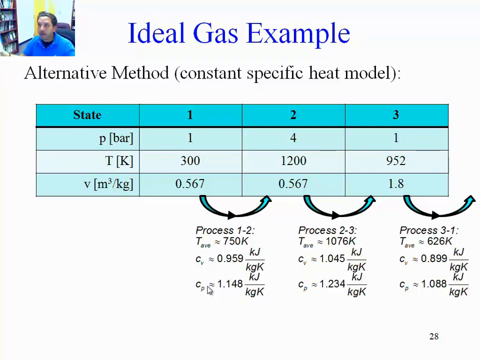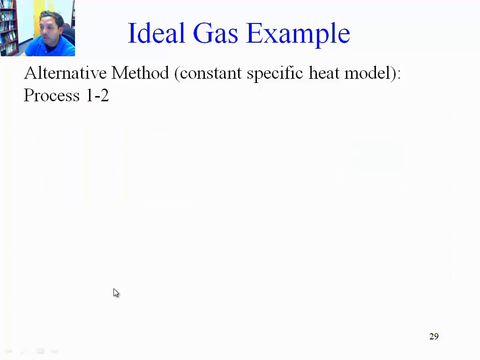You either use the variable specific heat method, which is the accurate method, or the constant specific heat method, which is the easy one, but the one that yields the most error. I am going to tell you what method to use. I'm going to tell you that you can assume that the specific heats are constant. In the test, I always let you use the constant specific heat method because it's simpler and faster. You don't have to do these interpolations on the table and so on.